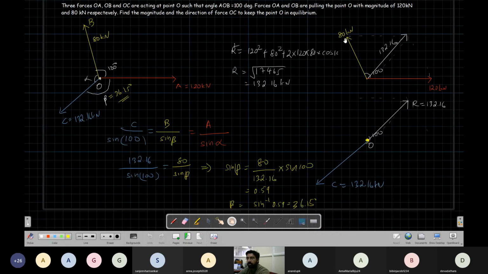So these two forces I can replace by one force of 132.16. The force at O should be in the opposite direction. I know the magnitude of that force because it is equal and opposite. So C is equal to 132.16. Now I am applying Lami's theorem to find the orientation.